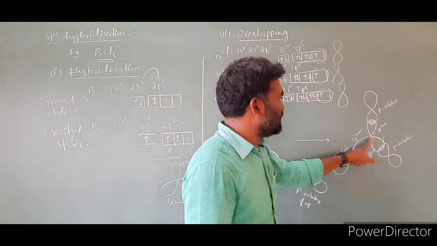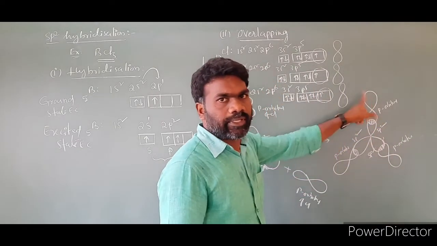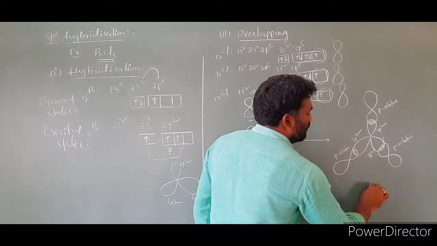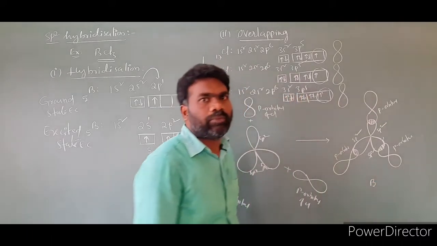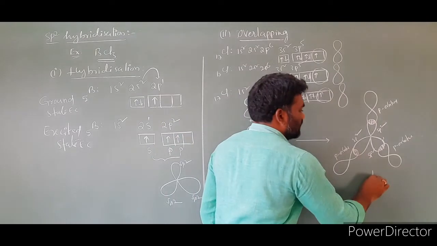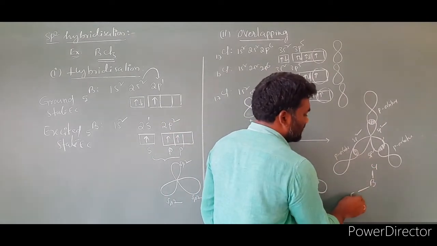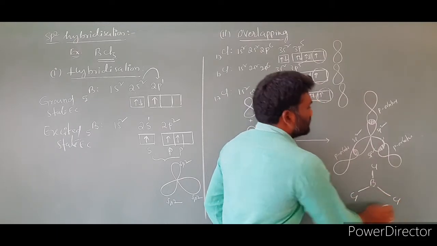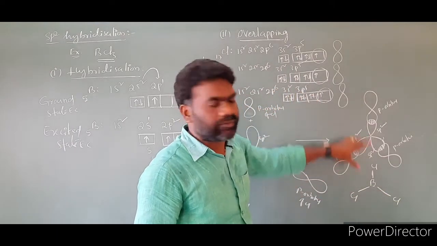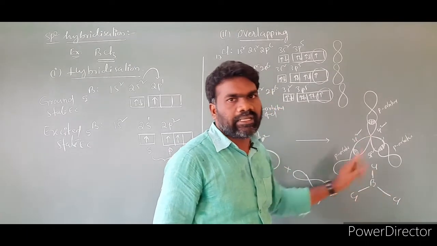So this is the boron, this is from chlorine. So how the structure is formed: boron I am writing at the center. This is the first chlorine, and this is the second chlorine, this is the third chlorine. So between them a bond is formed. So we'll get a BCl3 molecule.